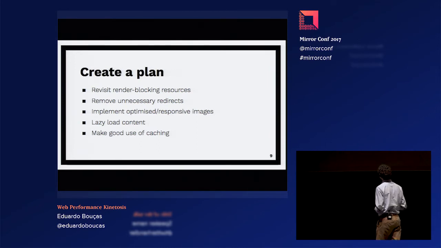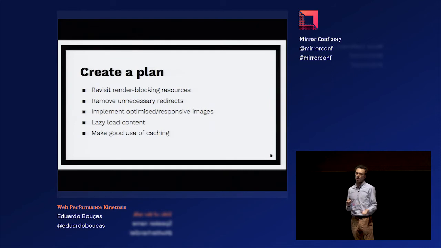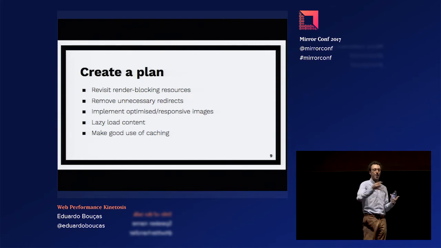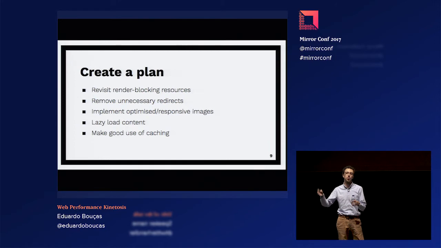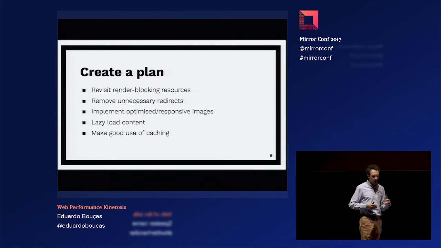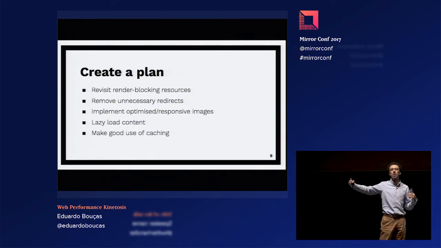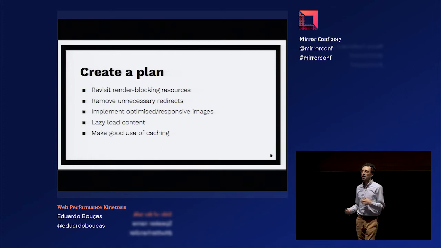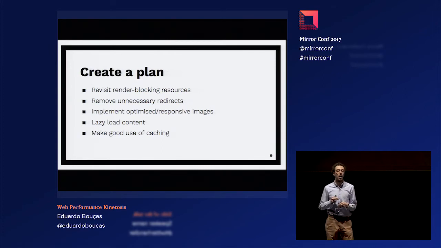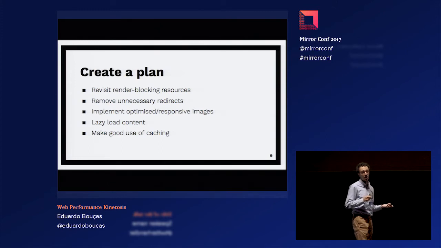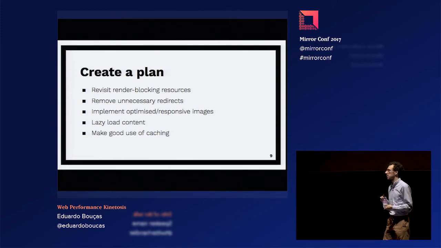You can look into removing any unnecessary HTTP redirects. You know how sometimes you're redirecting from www to non-www, or from no trailing slash to trailing slash. Sometimes, without noticing, you can have a ton of these requests, and these can seriously impact load times. So perhaps you can revisit those and only leave the ones that are absolutely necessary.